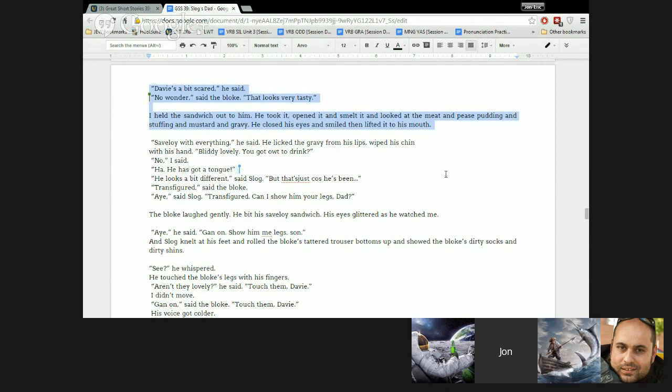They just walked out of the pork shop. I held the sandwich out to him. He took it. He opened it and smelt it and looked at the meat and peas pudding and stuffing and mustard and gravy. He closed his eyes and smiled and then lifted it to his mouth.